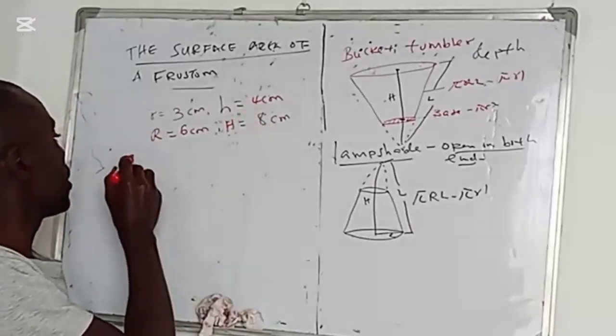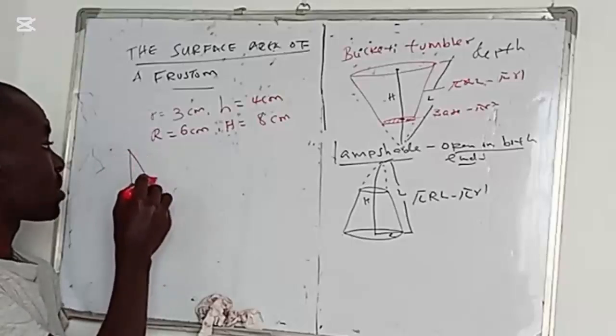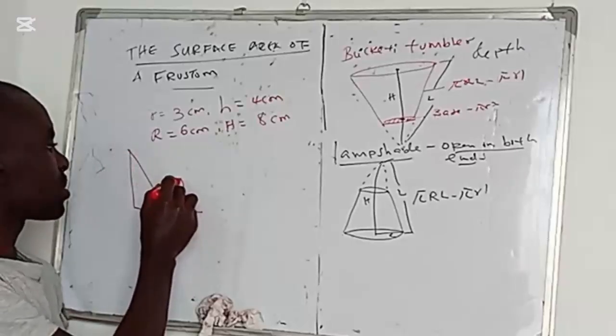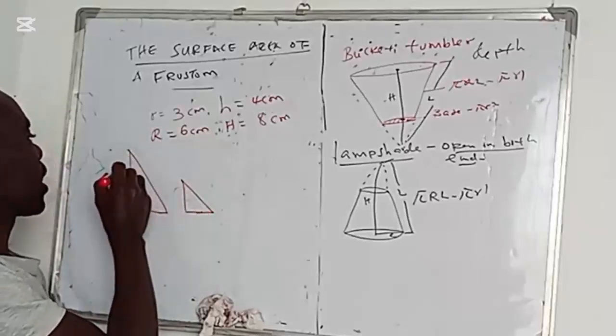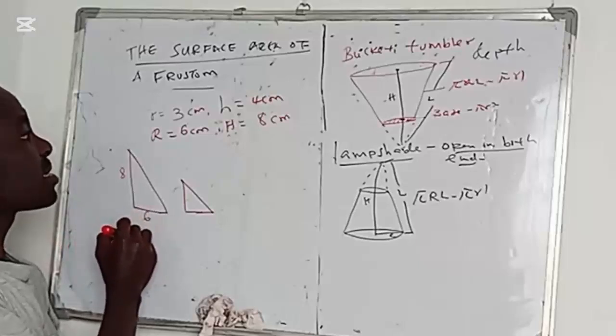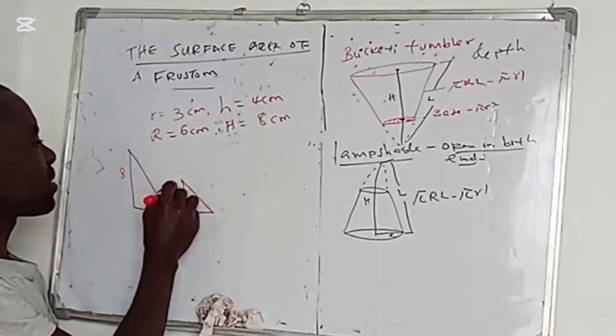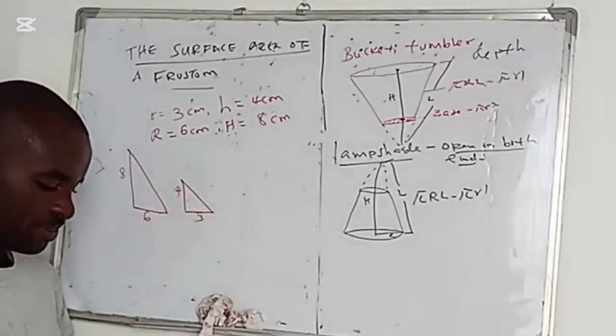So if I draw, let me use half of that, this one to represent the bigger cone and this to represent the smaller cone: the height of the bigger cone is 8 and the radius is 6. The height of the smaller cone is 4 and the radius is 3.